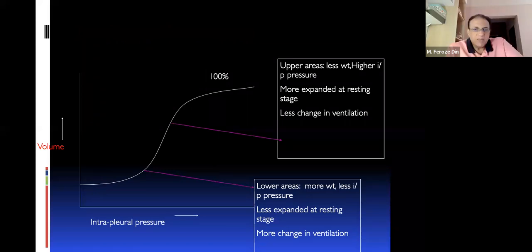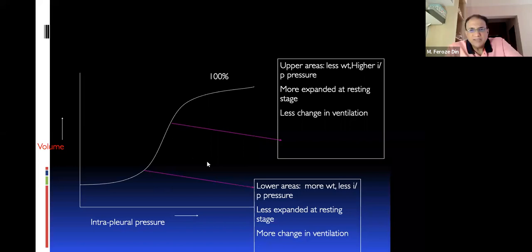This is explained by the fact that the stage of expansion of the lungs at the apex and the base of the lungs is quite different. The upper areas are already at this part of the graph, so they have less expansion, so there's less ventilation in the upper areas, whereas the bases are less expanded at rest, so they have a larger volume to expand when you take in breath.